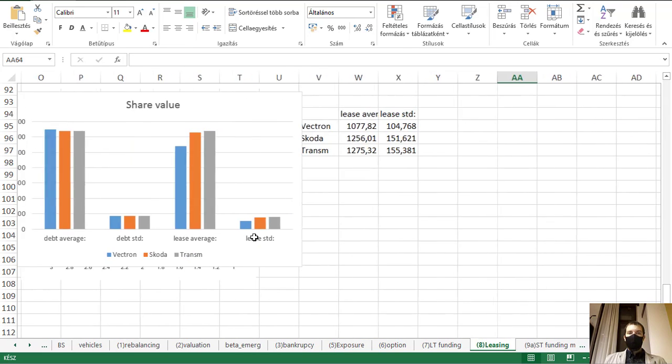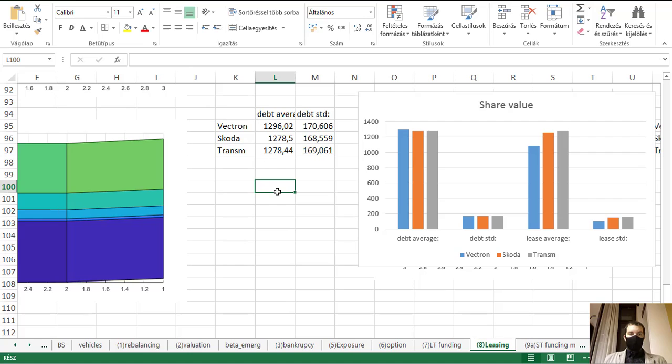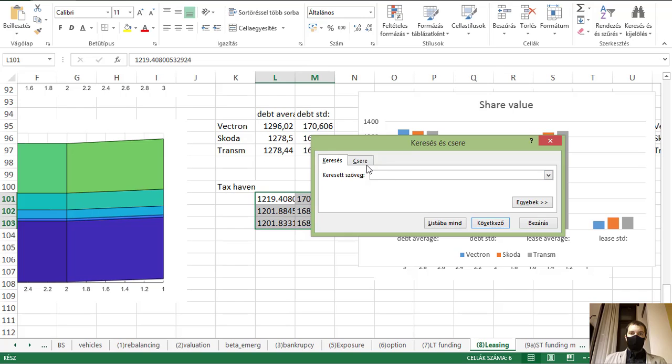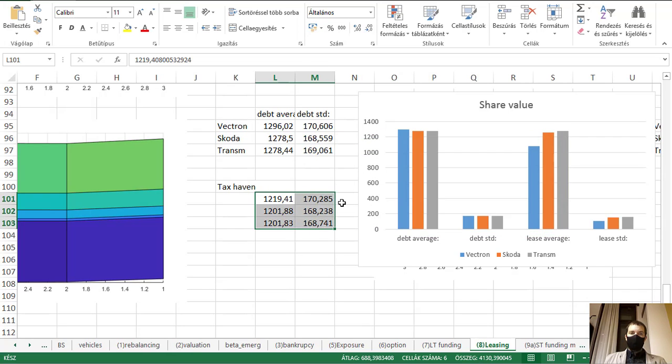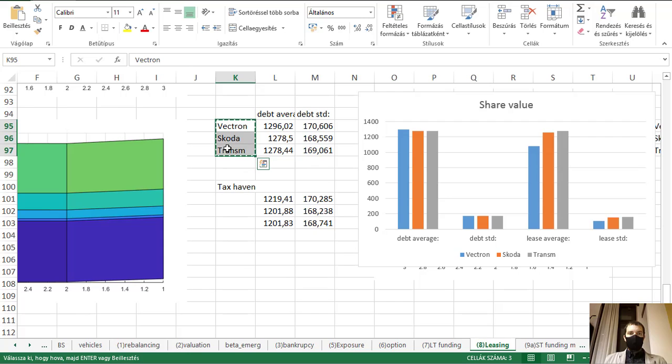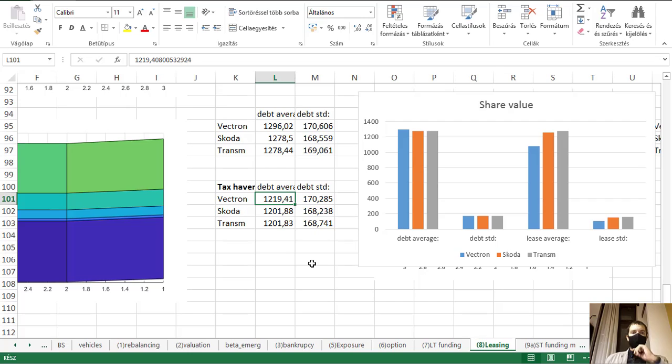Oh, actually, we have to look this way because of the tax haven. So with the tax haven, we can see that the share prices were declining a bit.